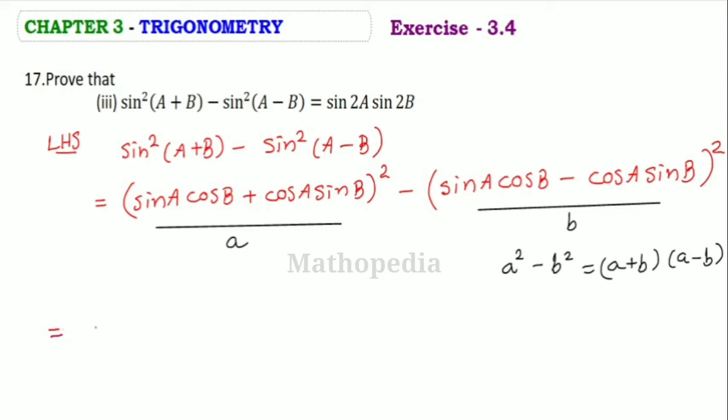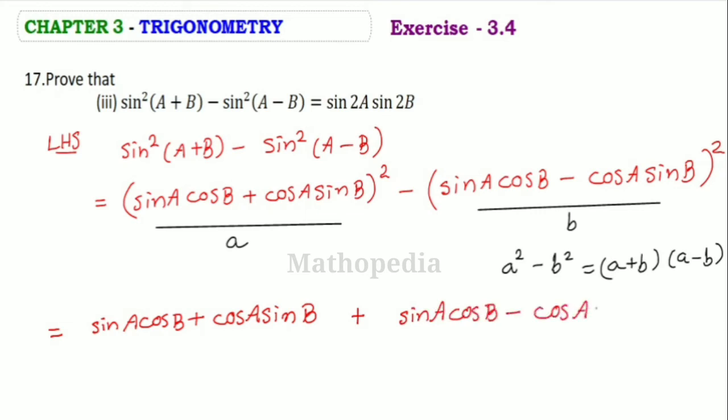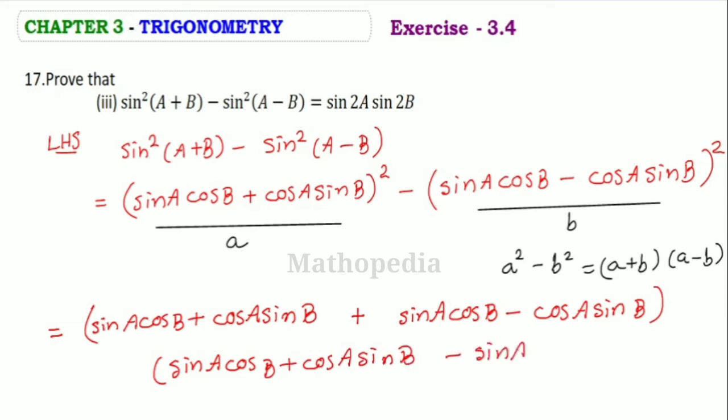Therefore, this is equal to (sin A cos B plus cos A sin B plus sin A cos B minus cos A sin B) into (sin A cos B plus cos A sin B minus sin A cos B plus cos A sin B).